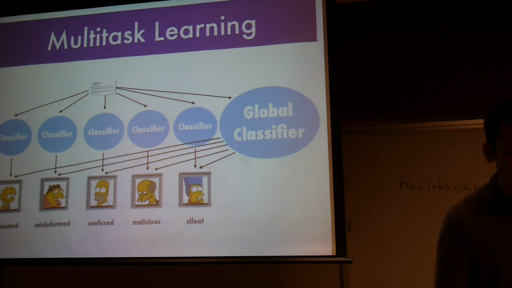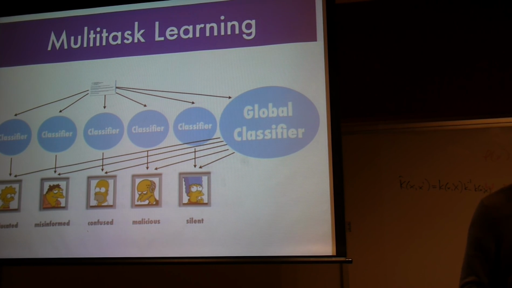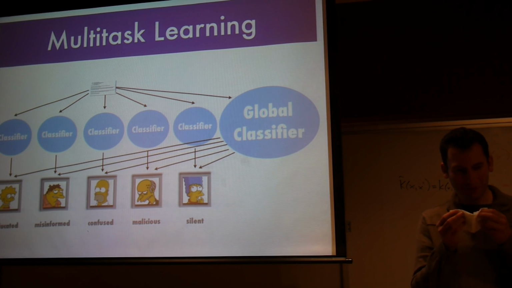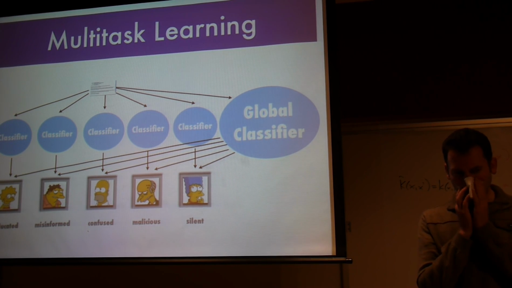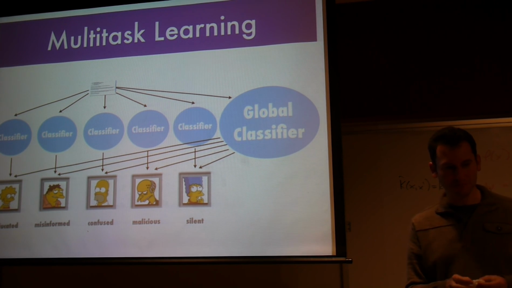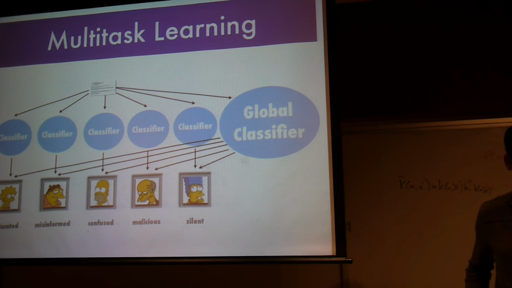So of course the problem is that you can't really classify everything perfectly for each user because you have very little data. So what we really get is a multitask learning problem. And this is actually the simplest version of the multitask learning problem because all the tasks are more or less the same.